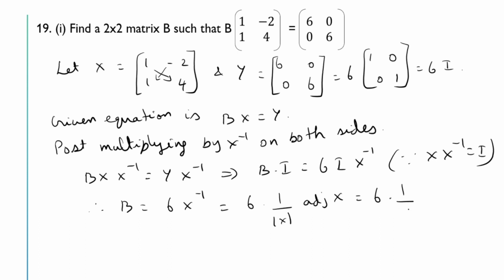So it is 1 by 6 into adjoint of X, which is interchange the diagonal elements and change the sign of the remaining elements. So B is equal to 4, 2, minus 1, 1. So this is the matrix B.